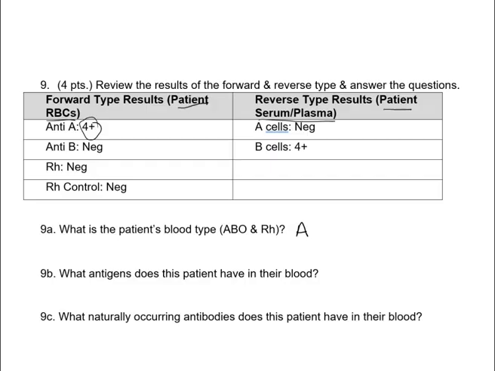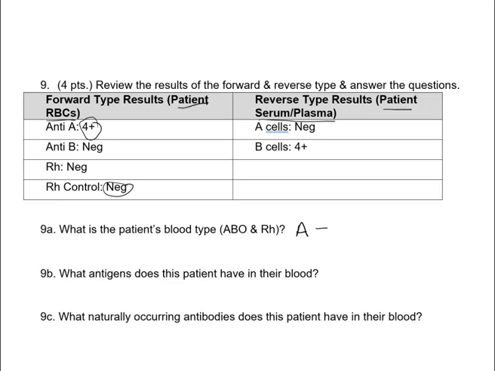So we can go ahead and put down A. There was no reaction with anti-B, it's negative. So there are no B antigens on those red blood cells. The RH is negative, so there are no RH antigens on those red blood cells. And the control is negative, so the testing is good.